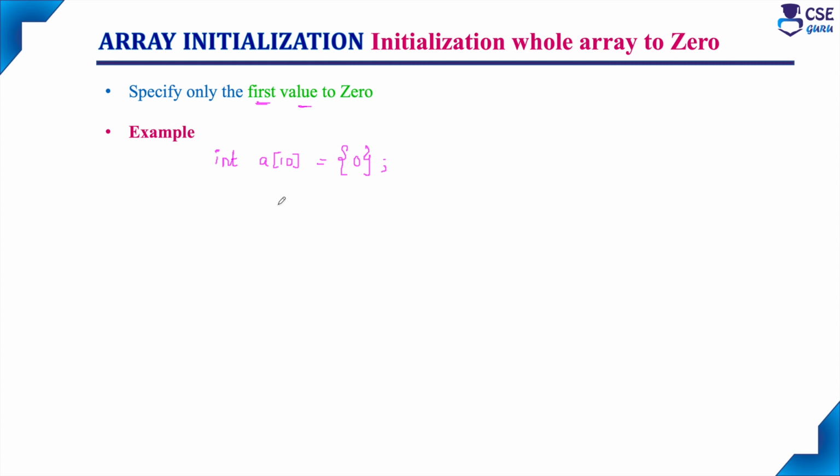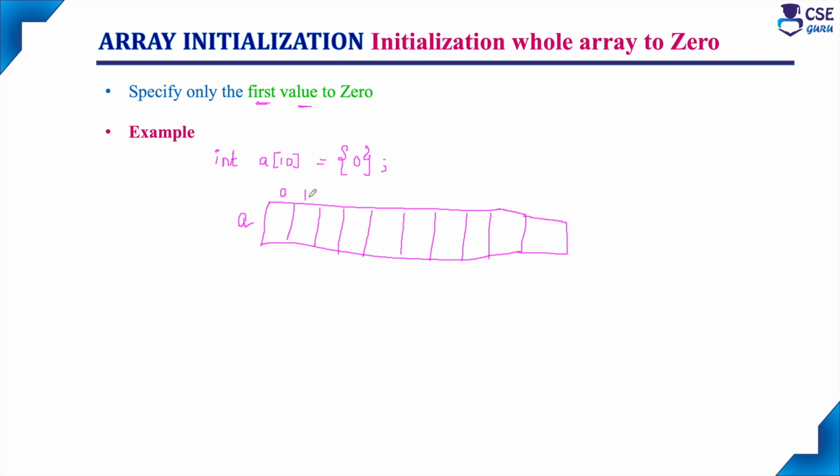Automatically it will allocate a total of 10 memory locations, starting from 0 to 9. The array name is a. And here we have initialized only one value, that is 0. Whenever we initialize only a single value to 0, automatically all the specified memory locations, whatever the size of the array, will be initialized to 0.